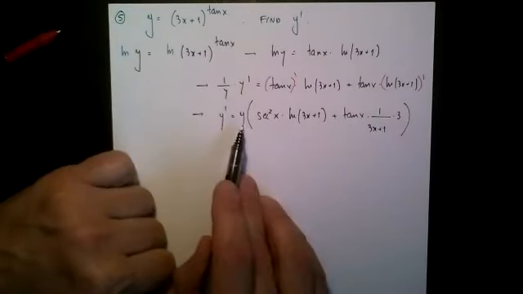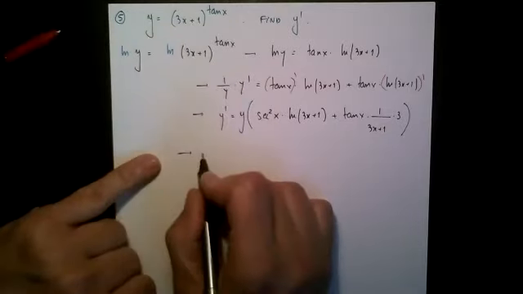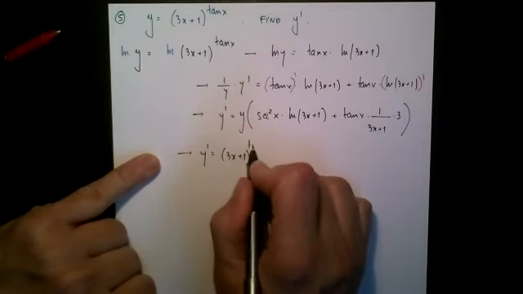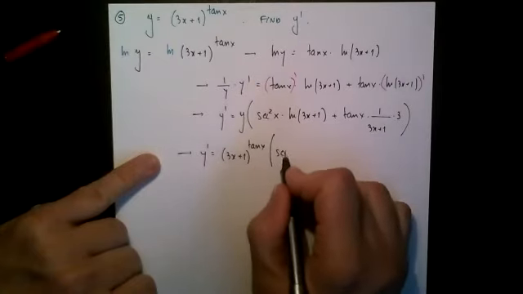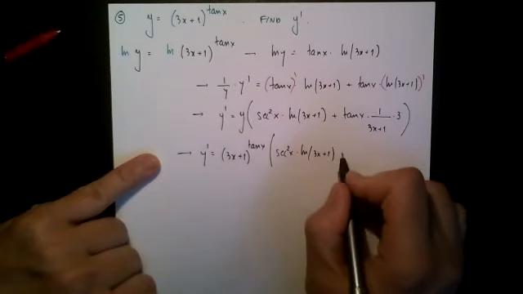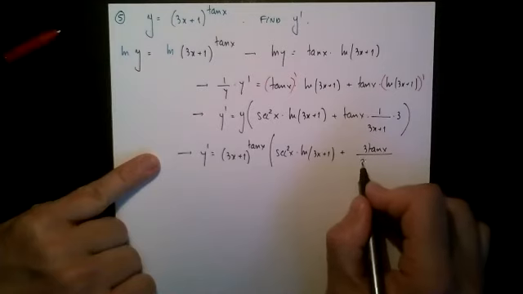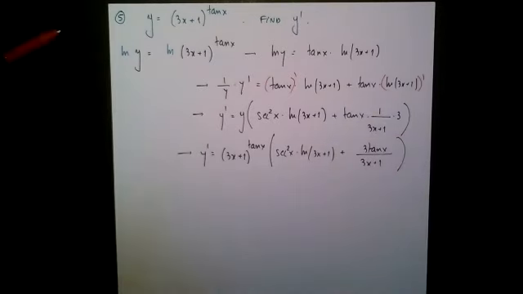So my last step is just to replace the y back by what it was at the beginning. So y prime is y, which is 3x plus 1 to the power tangent of x, times this whole big expression: secant squared x ln 3x plus 1 plus 3 times tangent x over 3x plus 1, and this is my answer.